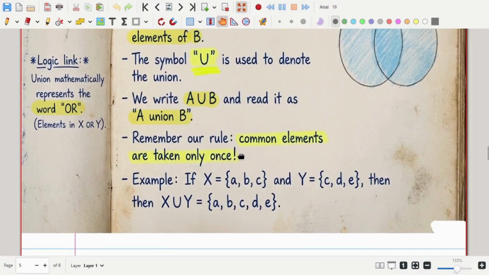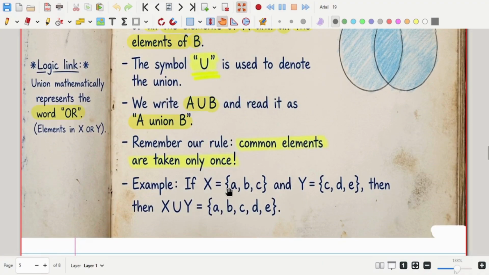For example, if X is a set of A, B, C and Y is a set of C, D, E, then X union Y means include all elements of X and all elements of Y. So elements of X are A, B, C and elements of Y are C, D, E. Here C appears in both the sets.